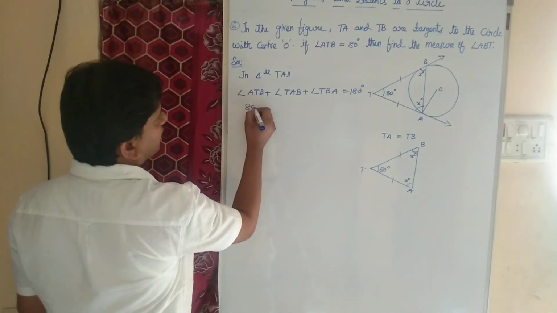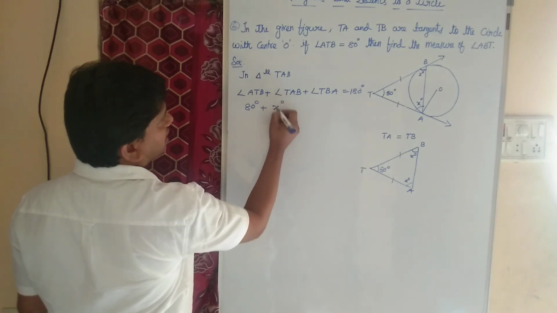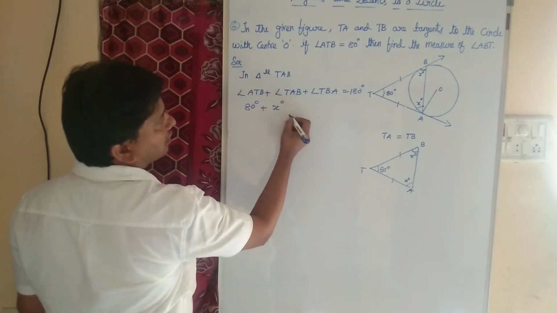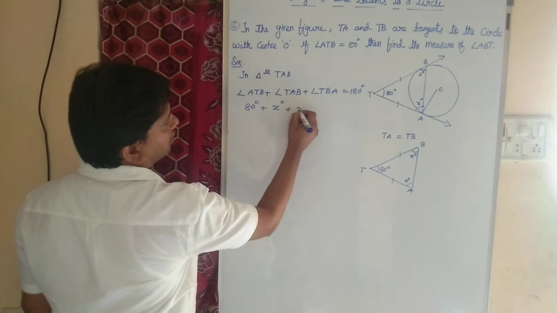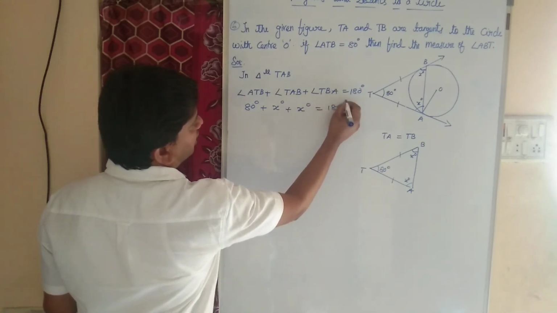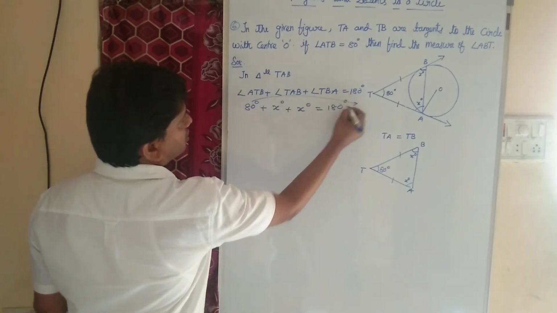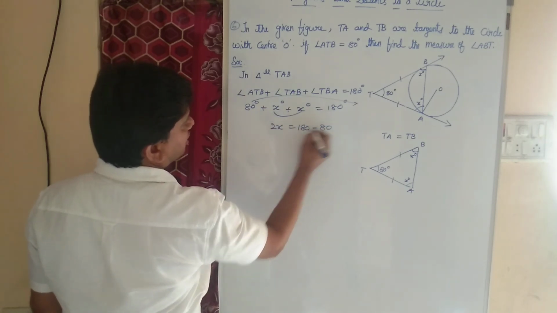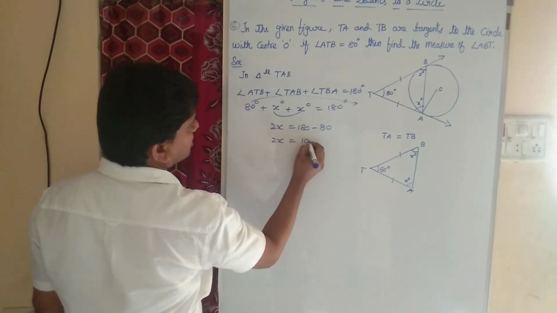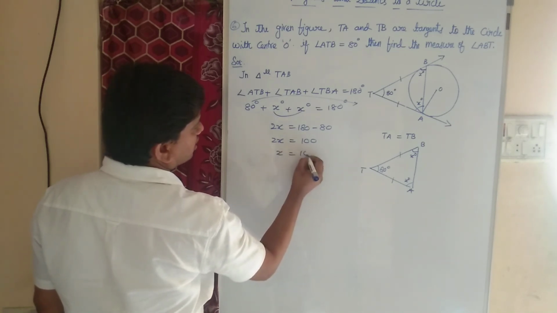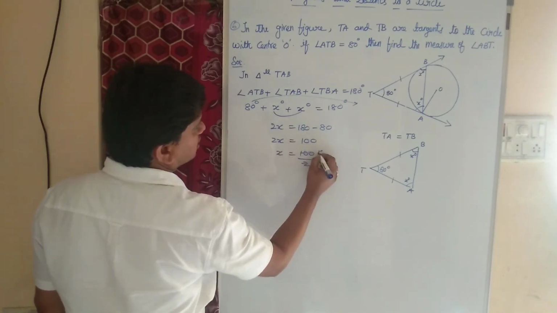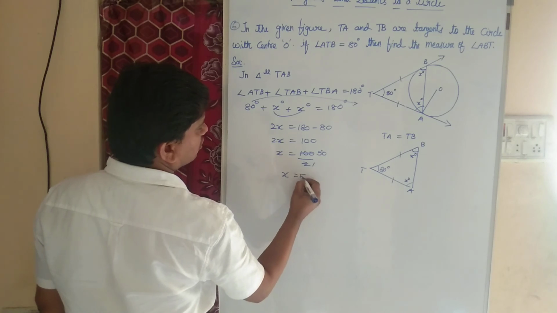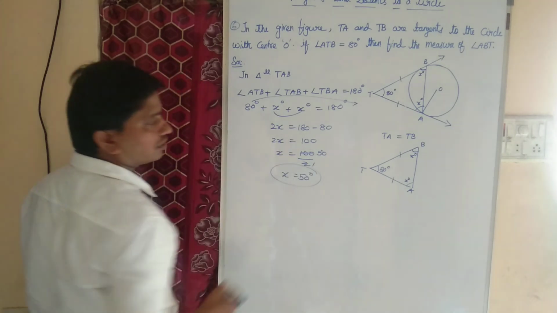Angle ATB is 80, TAB is x degrees, ABT also x degrees, which is equal to 180. 80 you transpose, x plus x, 2x equals 180 minus 80, 100. So x equals 100 by 2, 2 fifties are 100. So x is equal to how many degrees? x equals 50 degrees.